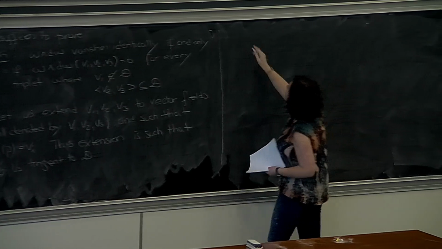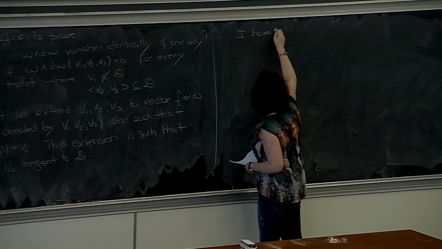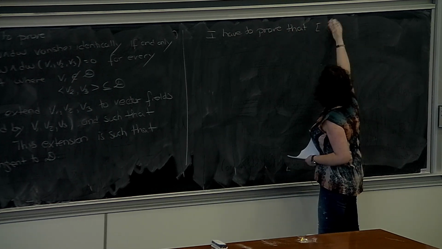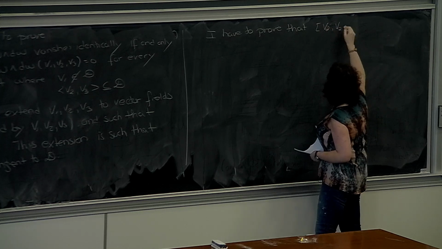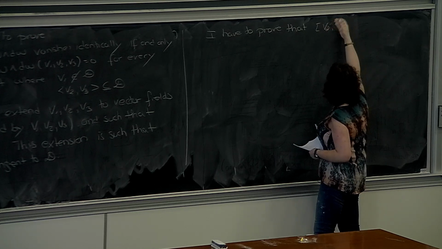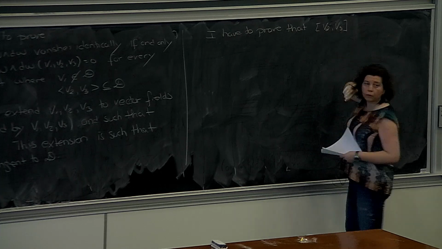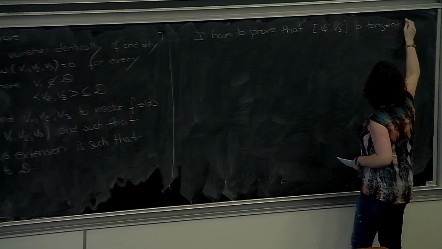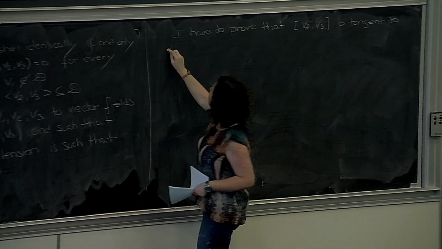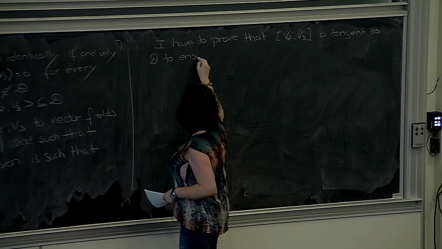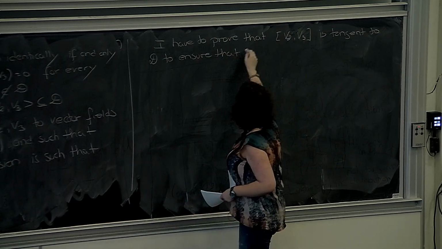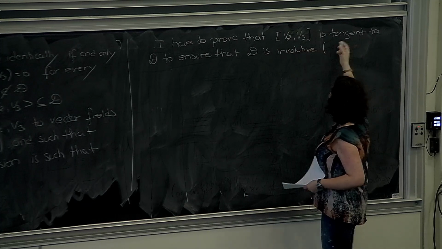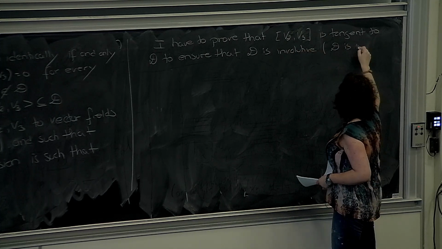So I have to prove that the Lie bracket V2, V3 is tangent to D. To ensure that D is involutive, which means that D is integrable.